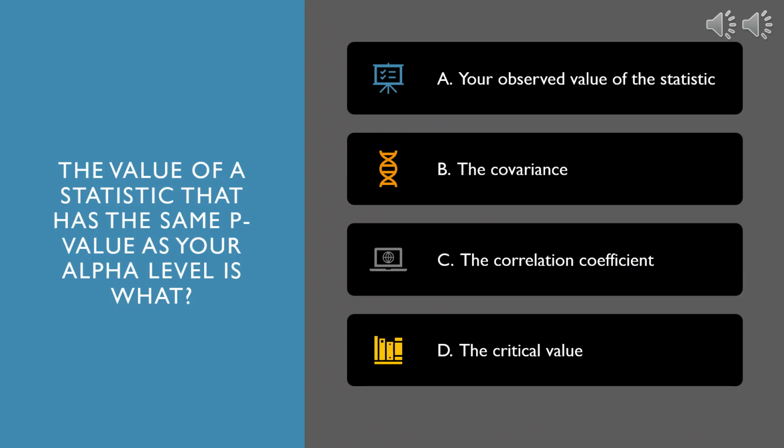That means it is the t-score that corresponds with exactly 5% of the distribution, whether that's the upper 5% or the lower 5% if you're talking about a one-tailed test, or the upper and lower 2.5% if you're talking about a two-tailed test. So the z-value or t-value that corresponds with your alpha level of 0.05 is the critical value, and it sets up the critical region.